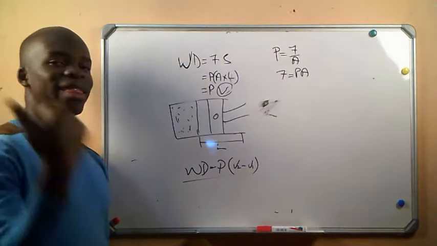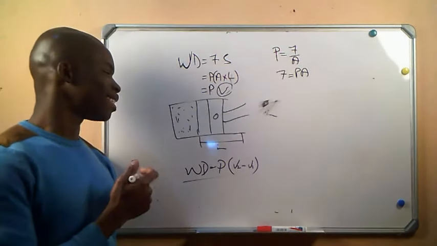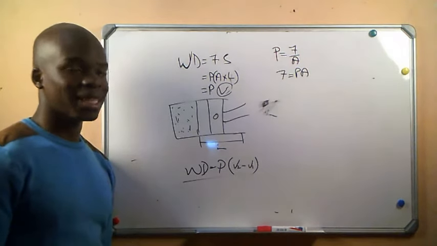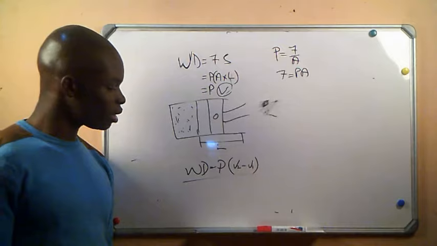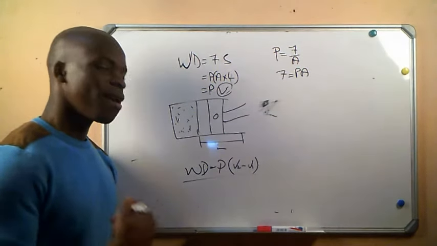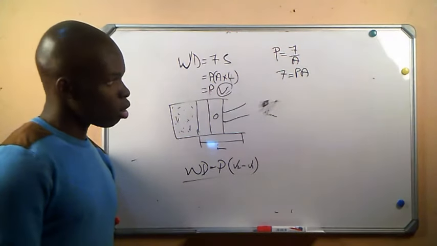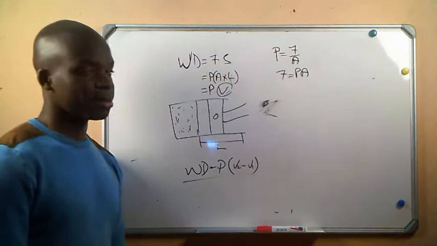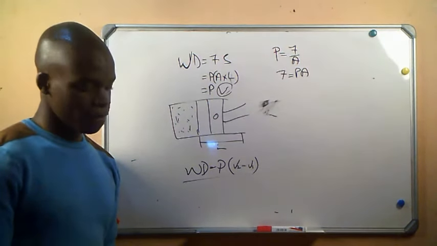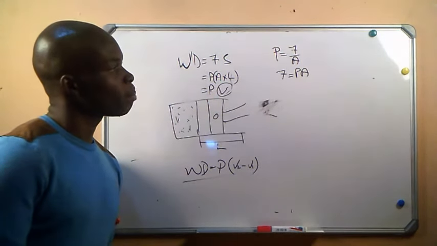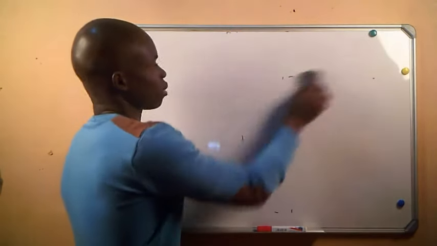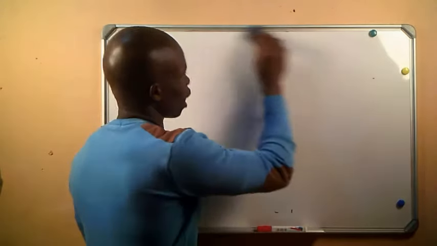Now, the amount of work done by the gas in expanding will depend on the method by which expansion was performed. In this syllabus, or in this subject, we will be dealing with 5 methods by which expansion can be performed, and we will be looking at those methods now.